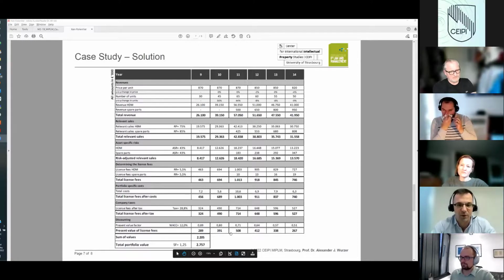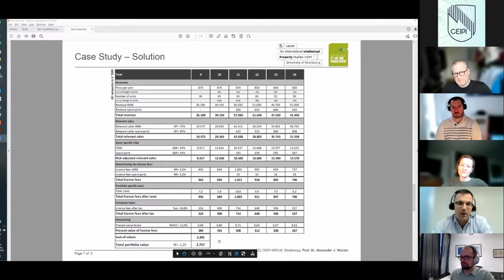Therefore, we apply this correcting factor of 1.25, which increases the value to 2.757, and by this we have the final valuation number.